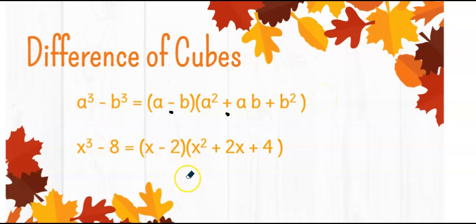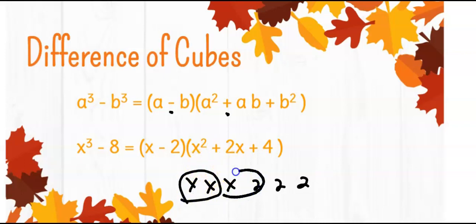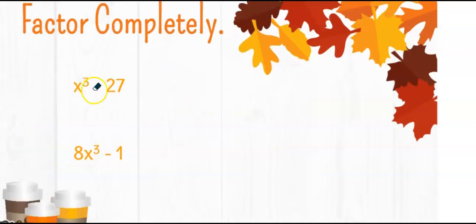Or again, x, 2, 2, 2, x squared plus 2x plus 2 times 2 is 4. So what I would like for you to do is pause the video, take a moment, and attempt these two problems.